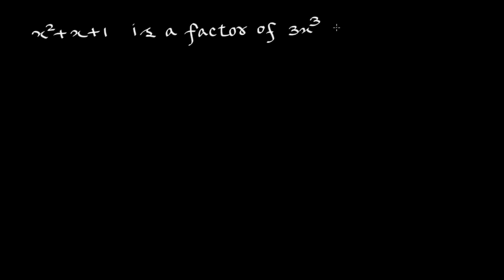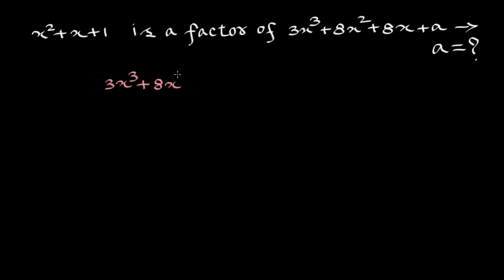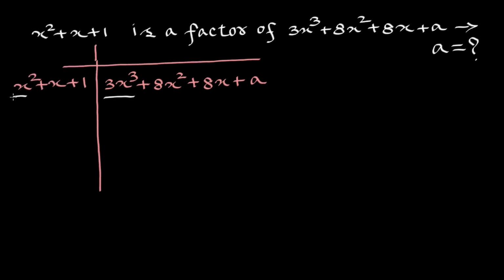x square plus x plus 1 is a factor of polynomial 3x cube plus 8x square plus 8x plus a. We have to find a. By long division, we will divide 3x cube plus 8x square plus 8x plus a by x square plus x plus 1. 3x cube upon x square gives us 3x, that we write over here.